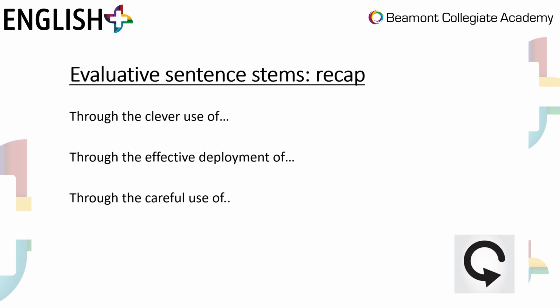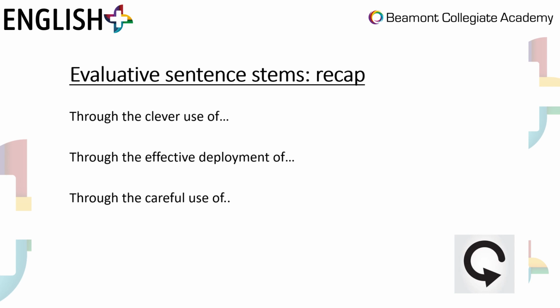Now these are the evaluative sentence stems that you have been taught. So you always want to use the statement to drive your answer. And then you lead in with your method. So, through the clever use of. Now the thing you don't want to do is say through the clever use of and then put the quote in. That is a real common error.